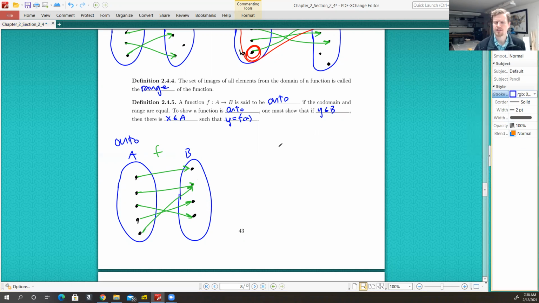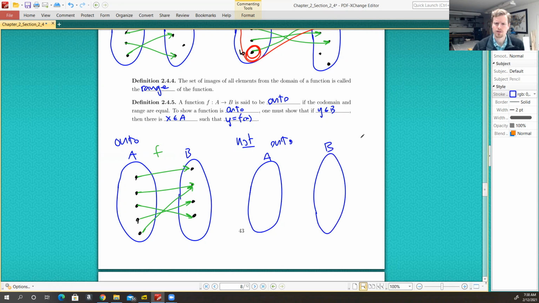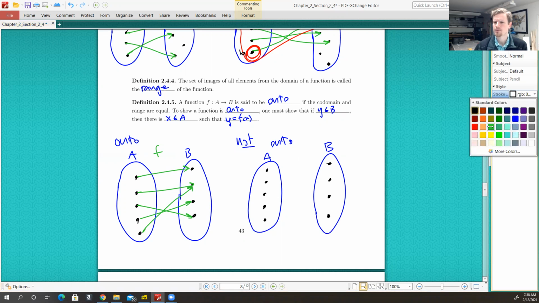To further clarify, let's take a look at something that is not onto as well. Our domain, our codomain, and let's take a look at the same sort of situation. 5 elements over here in our domain, and 1, 2, 3, 4 elements in our codomain. We want to look at an example where it's not onto.